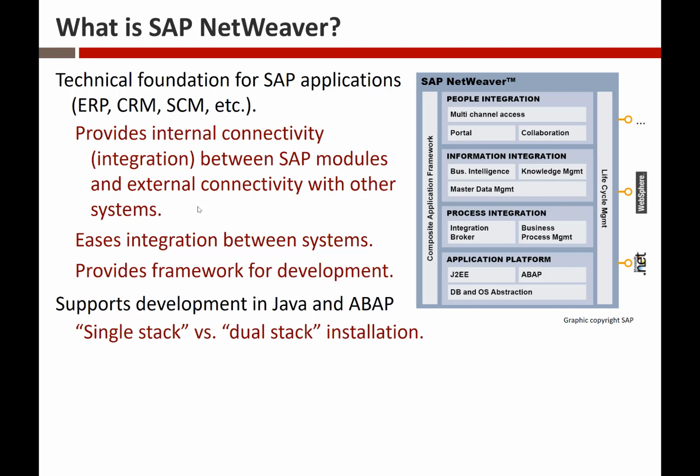You can delete the Java reference, and you would do all of your development as an organization in the ABAP language as it relates to NetWeaver. With a dual stack installation, you can actually write Java programs that would interface with the system in a manner very similar to the way ABAP programs relate to the system.